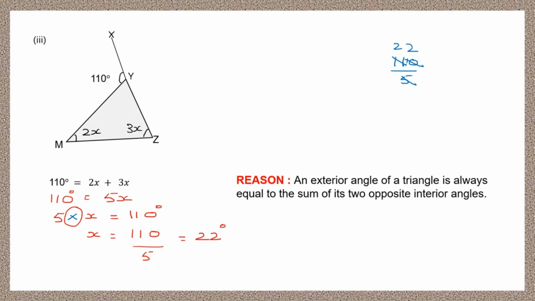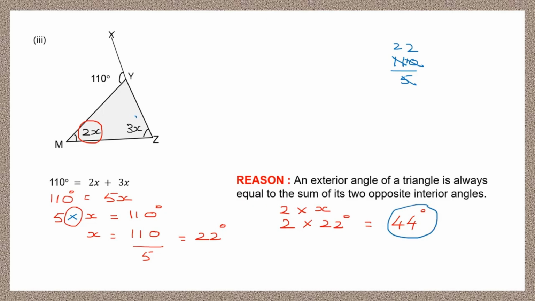Now if I know x is 22 degrees, what about 2x? 2x means 2 into x, which is 2 into 22 degrees, which is 44 degrees. So we found this to be 44 degrees.